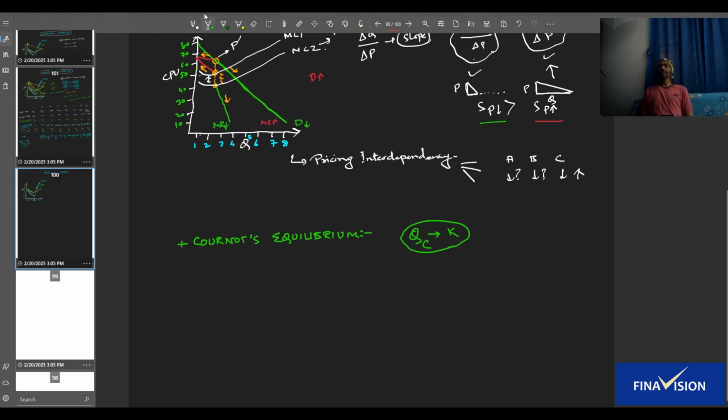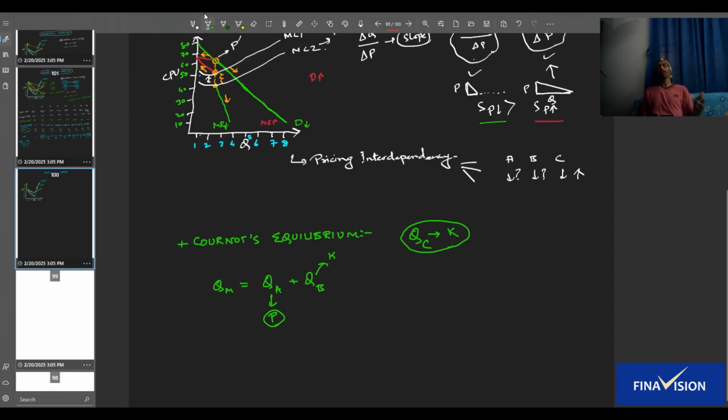So to understand this, let's look at a very simple example of a duopolistic market. Let's say the total demand in the market is a sum total of the two players in the market, which are A and B. So QA and QB. This is the total demand. And let's say A is trying to decide the pricing based on the assumption that B's output will remain constant.